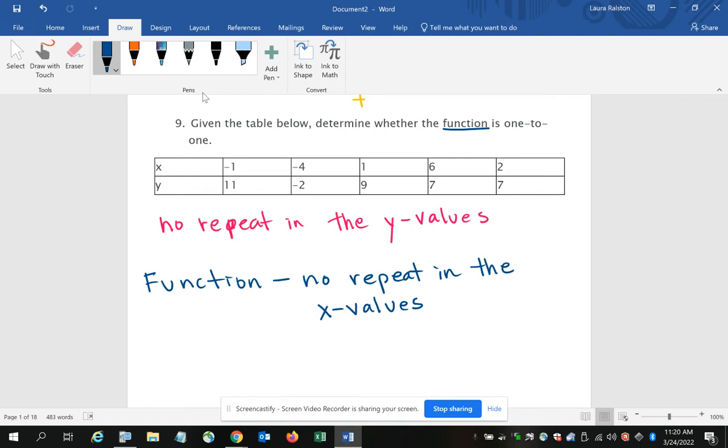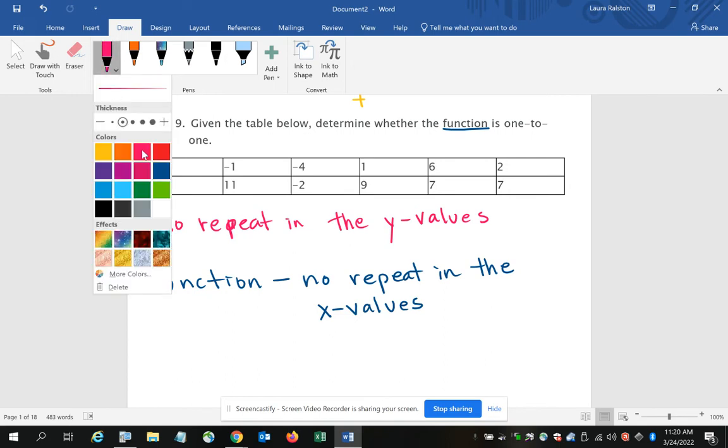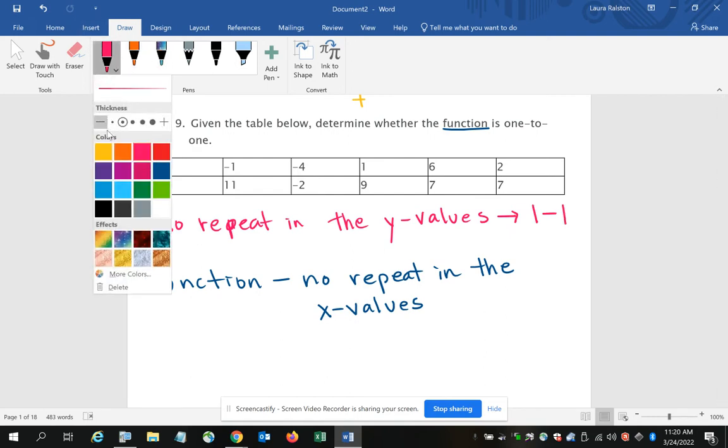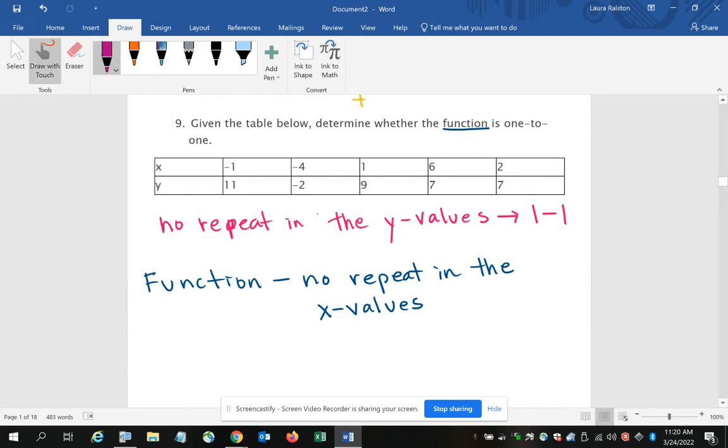To be 1 to 1, there is no repeat in the y values. So if I'm looking at this particular function and trying to make that decision, I see that there is a repeat in the y values for a value of x equals 6 as well as x equals 2, which tells me this is not a 1-to-1 function.